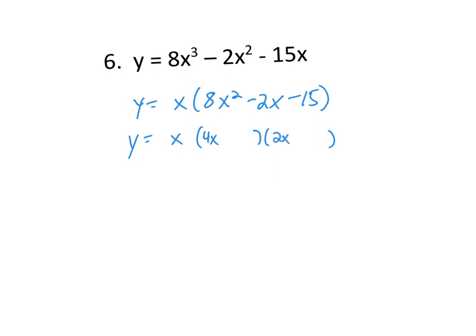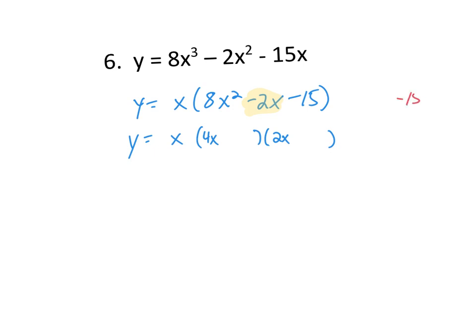And I am going to guess it's 4x and 2x just based on that middle term. Since it's minus 2x, that's pretty small. If we did 8 and 1, those are pretty far apart, so the chance of getting negative 2 is kind of tough. So let me just play around with some options here.